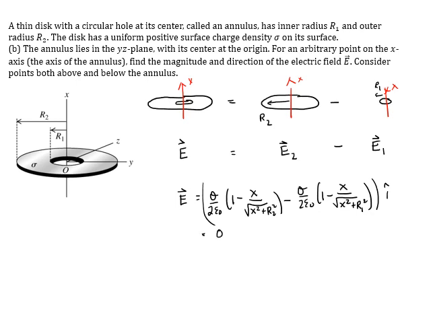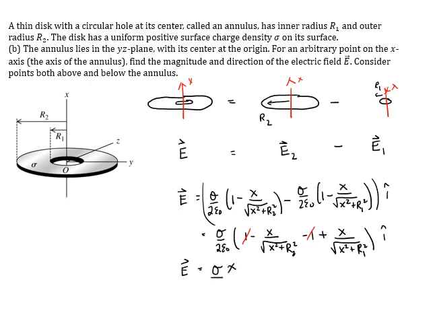We can take our sigma over 2 epsilon naught outside of everything. We get 1 minus x over square root of x squared plus R2 squared. Subtract 1 minus x over square root of x squared plus R1 squared. That's all in the i direction. We've got plus 1 minus 1, so they go away. And then we're left with our electric field. We can take our x outside or leave it in. I think I'll take it outside.